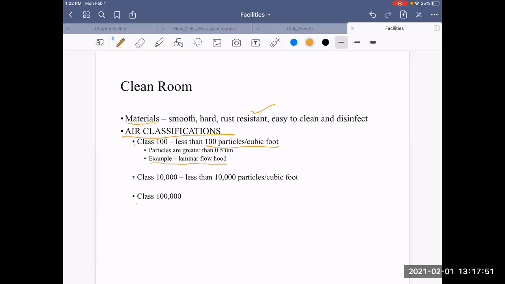Okay, and an example of something that would be a class 100, if it's set up right, would be a laminar flow hood. Okay, when you go into class 100, you have to gown in, and then you go through a pretty serious training when they let you do that. Okay, class 10,000 is less than 10,000 particles per cubic foot, and then class 100,000 is less than 100,000.